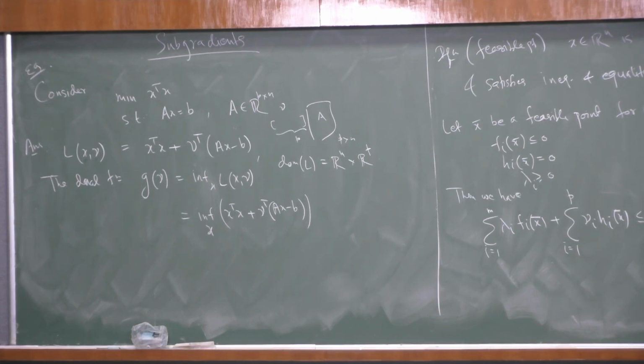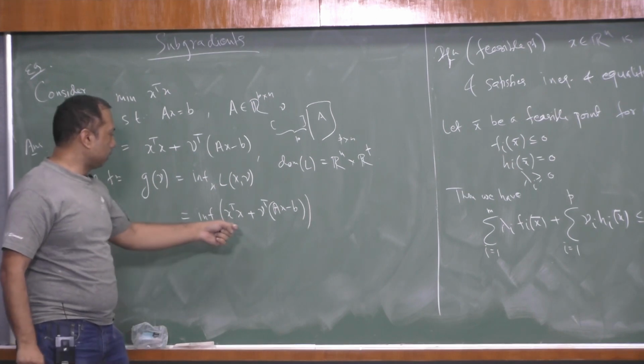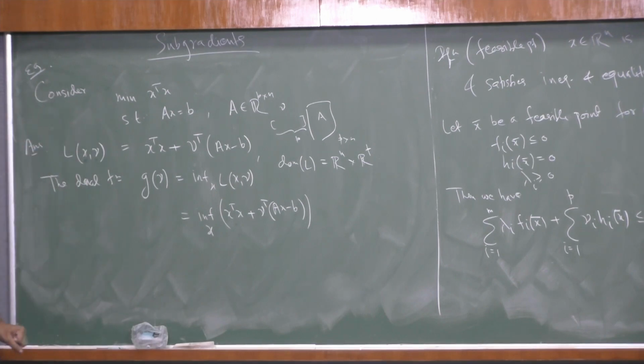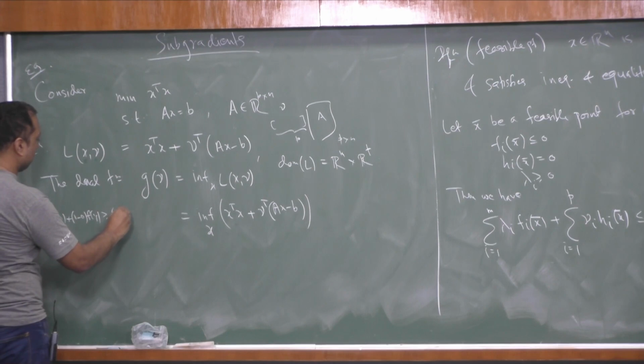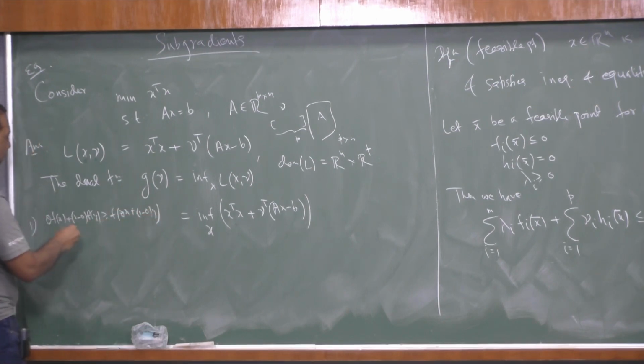If you recall the results that we had to check convexity, we had convexity definitions, like the line definition: theta f(x) plus (1 minus theta) f(y) is greater than or equal to f of (theta x plus (1 minus theta) y). That's the line definition, line always above the curve.